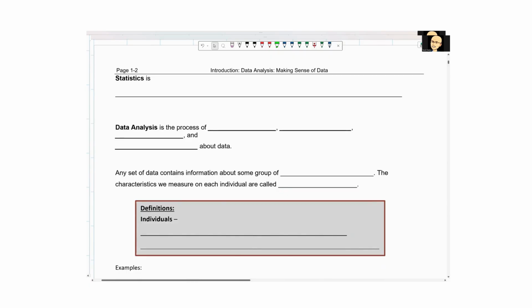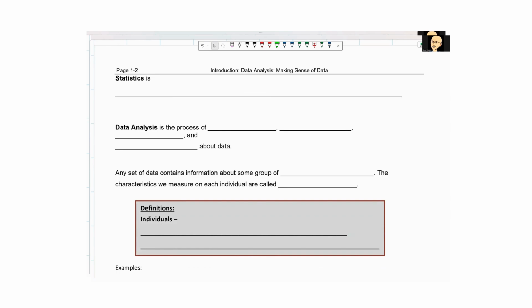In page two, we start talking about, well, what is this statistics class about? Now, I know that you've heard the term statistics, and we throw a lot of words, summary words, but do we really know what we mean when we talk about statistics?